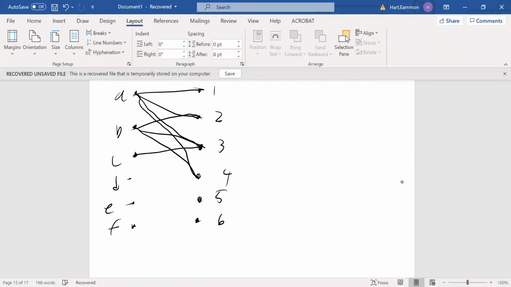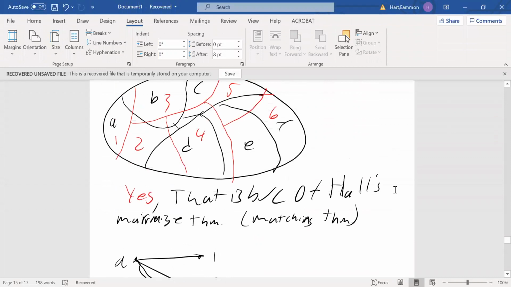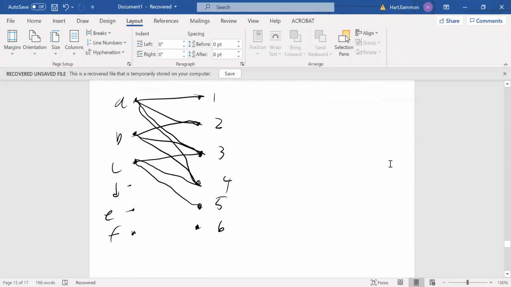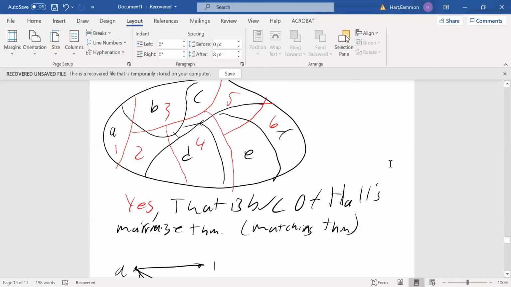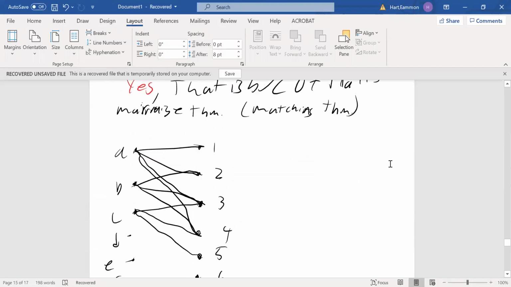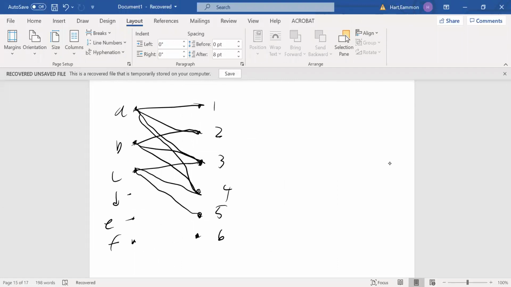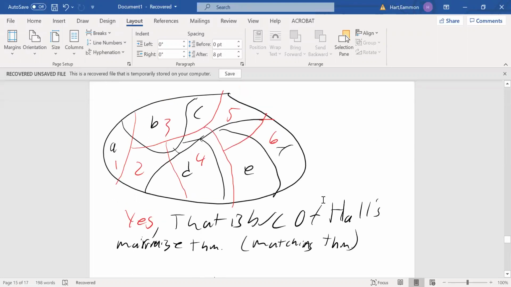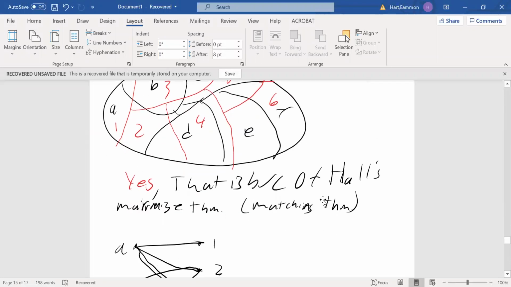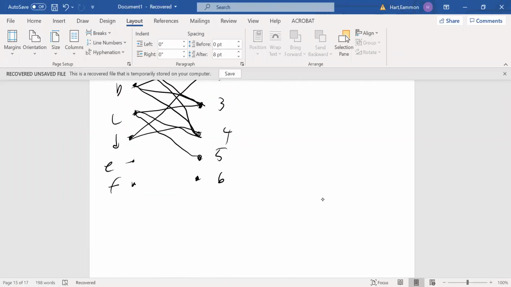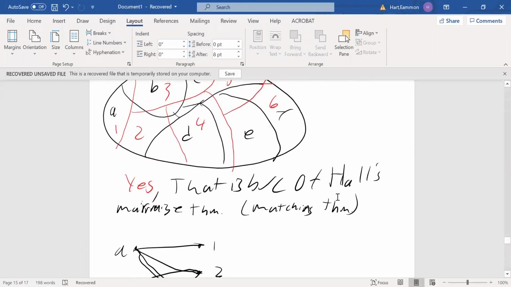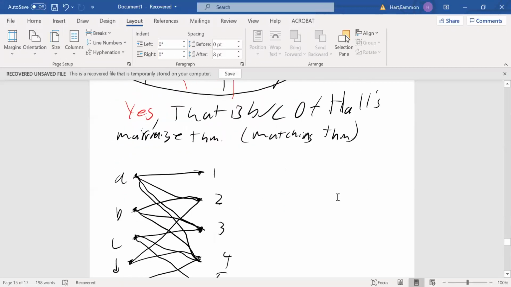And I really hope that this works out because I didn't measure out anything, but I think it should. So D overlaps with 4 and 2. E overlaps with 4, 5, and 6. And then F just overlaps with 5 and 6.